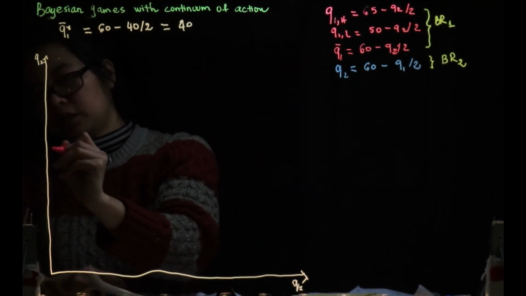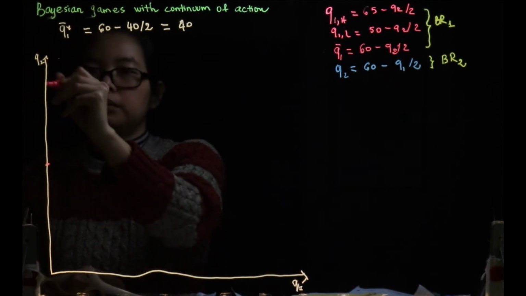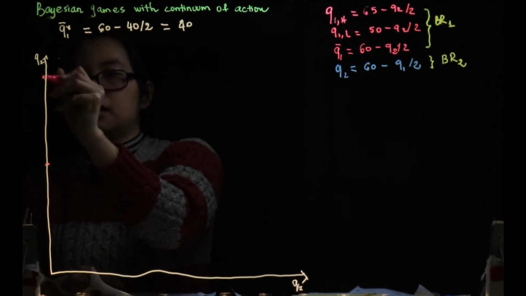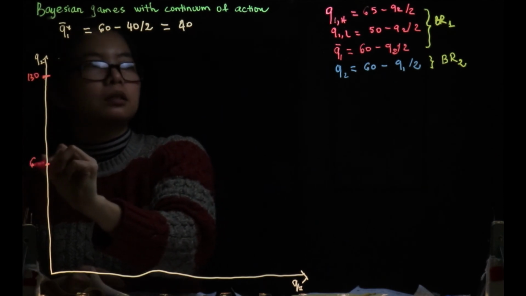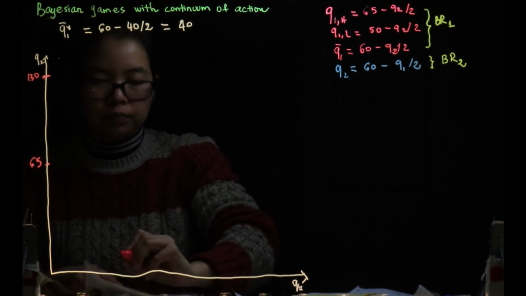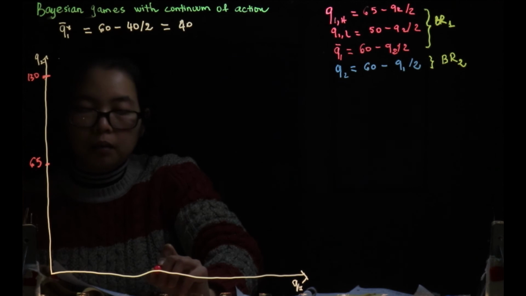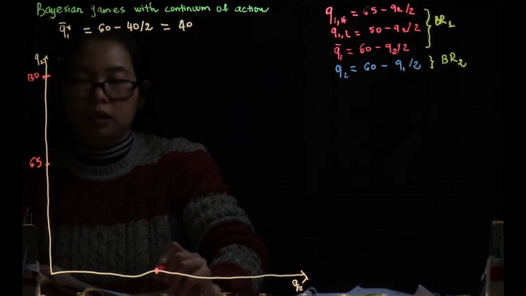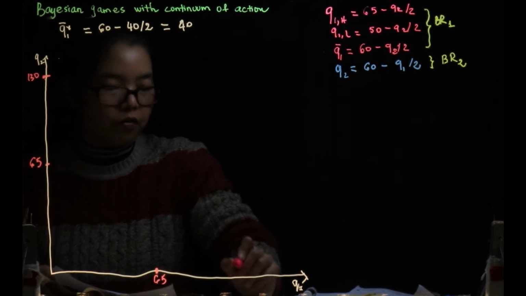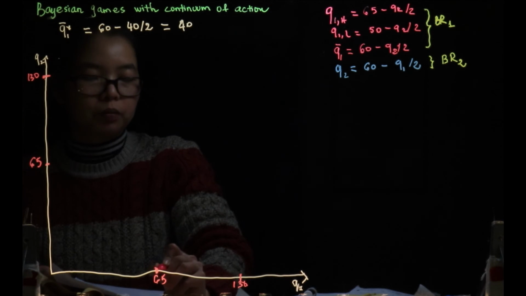So I would just split it here. Here is 130, here is 65, right? And here similar, not really straight, okay? But anyhow, let's use your imagination a little bit. 65, 130 here. So this is the first point.